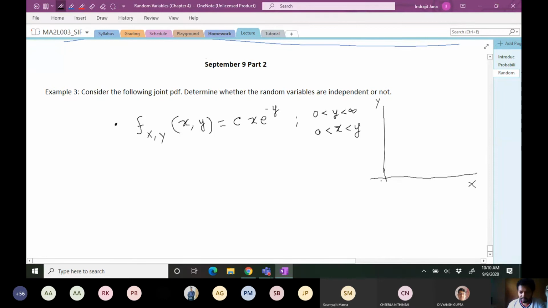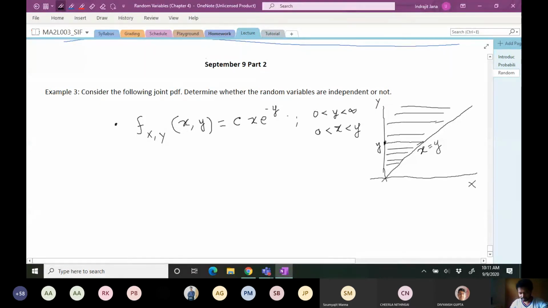The line is x equal to y, and for any given y, x goes from 0 to y. So this is the domain.